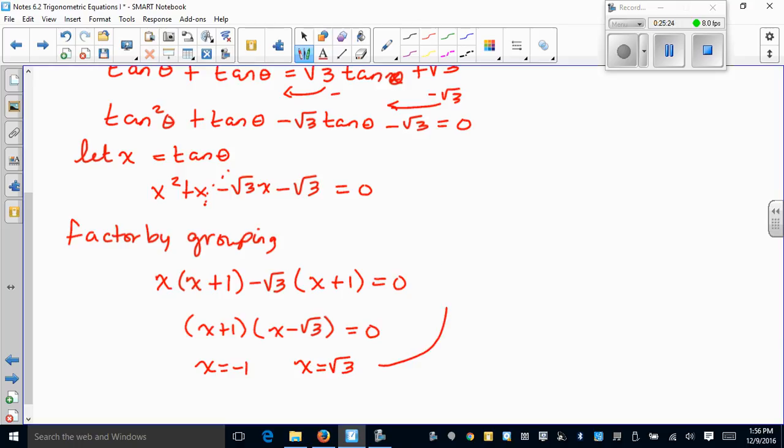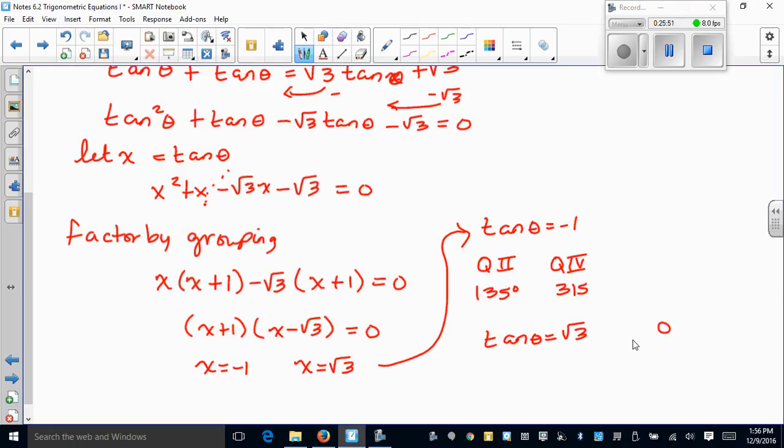Don't forget, x is tangent. So tangent of theta equals negative 1, and we did that in the last one. Quadrant 2, 135 degrees. Quadrant 4, 315 degrees. And then tangent of theta equals radical 3.